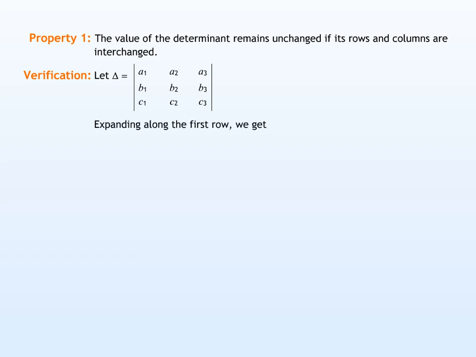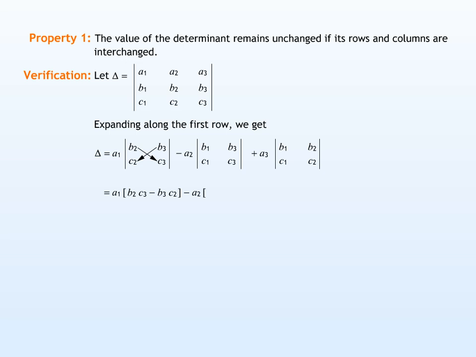Expanding along the first row, we get the value of the determinant as A1 multiplied by (B2C3 minus B3C2) minus A2 multiplied by (B1C3 minus C1B3) plus A3 multiplied by (B1C2 minus C1B2).